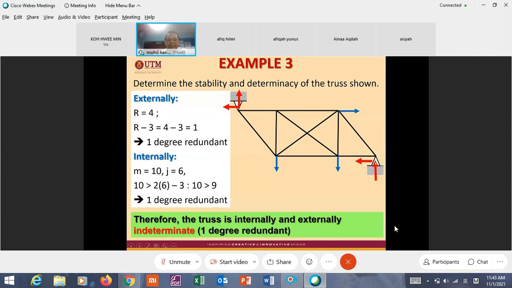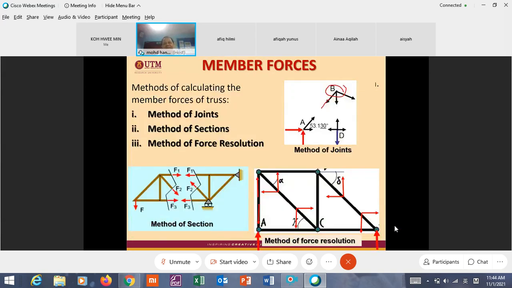So 4 reactions, very simple. If 4 reactions, that means 1 degree of redundancy. So in this case, the structure has 1 degree of redundancy externally and internally. And we cannot solve this problem here. So wait, next year.